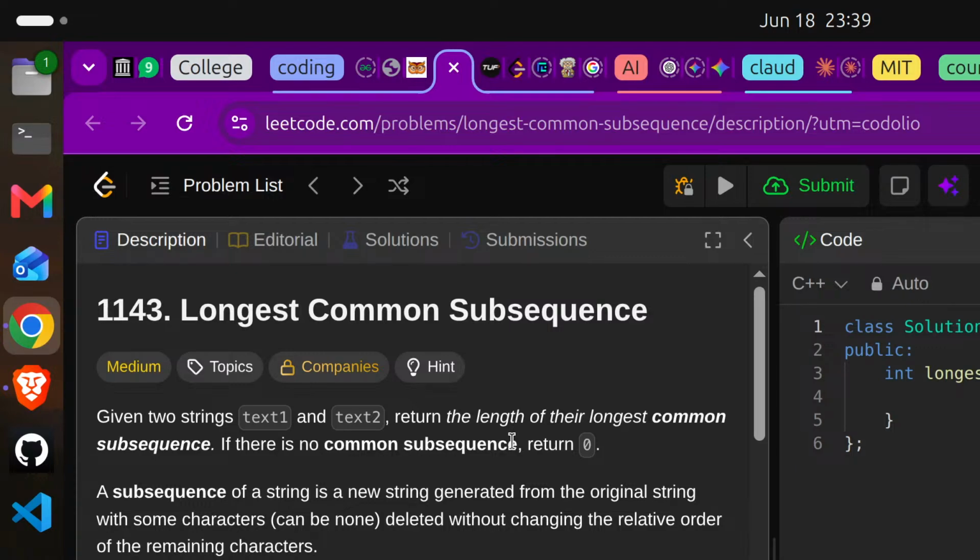And we return this dp of n comma m, right? No. We have to traverse that also, right?